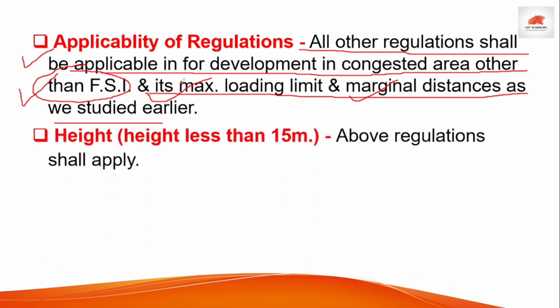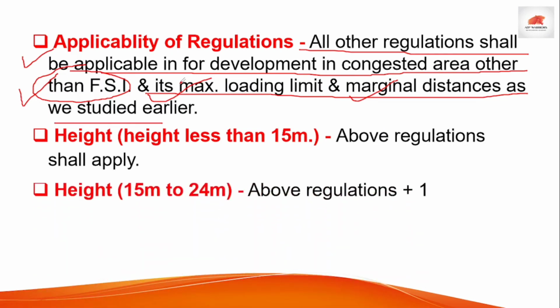So for building heights less than 15 meters, the above regulations which we have seen according to the road widths apply as they are, as given in the UDCPR for congested areas.